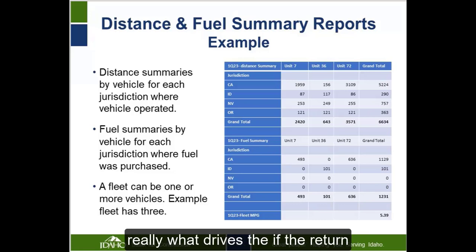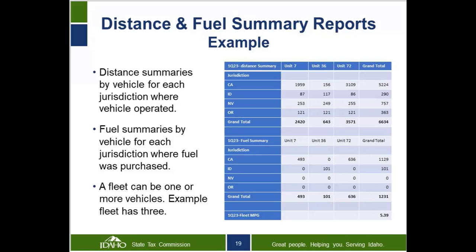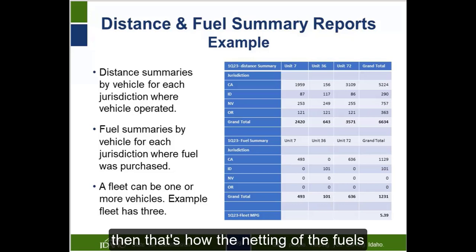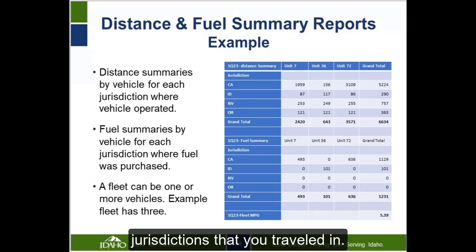And that's really what drives the IFTA return, is the miles per gallon, because that's what distributes out how much fuel you used in each jurisdiction based on the miles, and then that's how the netting of the fuel tax gets distributed to the various jurisdictions that you traveled in.